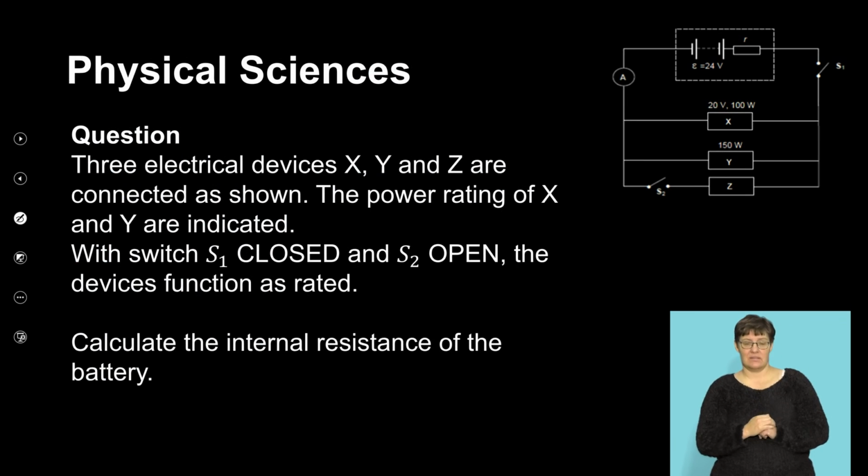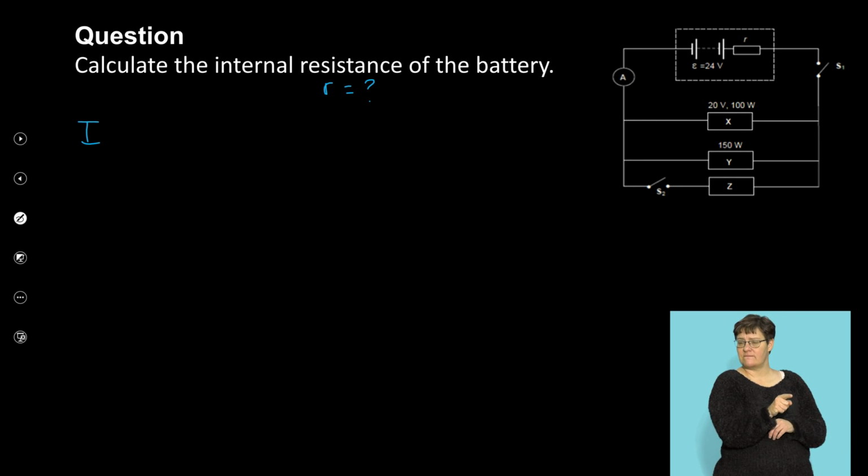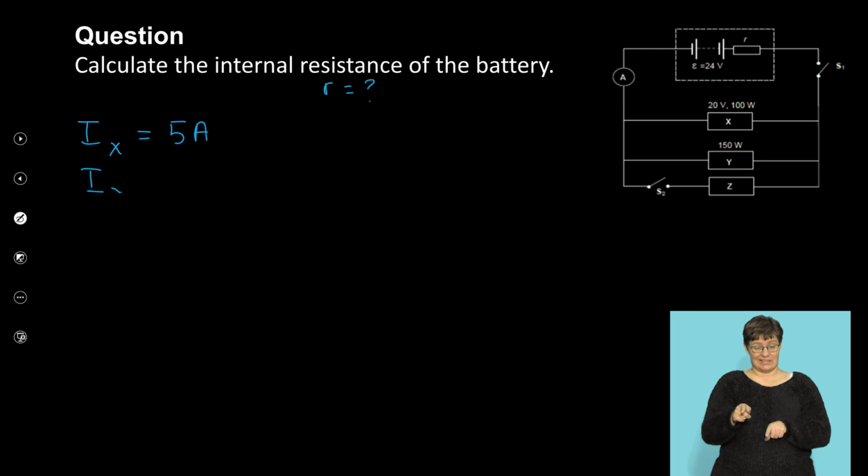And then we are also called upon to calculate the internal resistance of the battery. We've already indicated that the internal resistance is not given. We've got the current through X, which is 5 amperes. If we can find the current through Y, we are able to determine the total current.